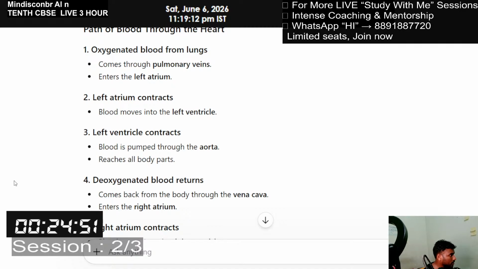The deoxygenated blood comes back through the vena cava from body parts.